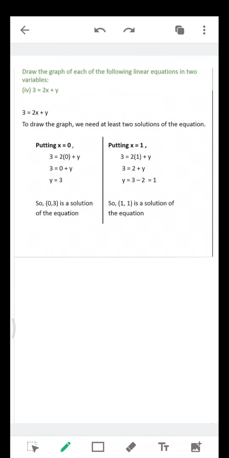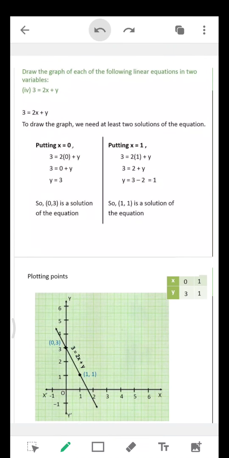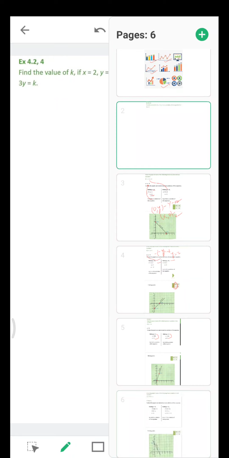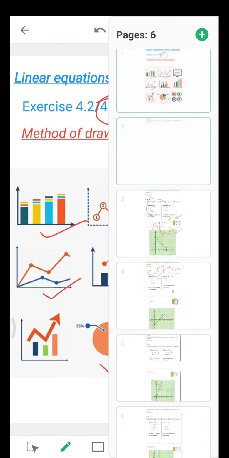So 2 into 1 plus y is equal to 3, and y is equal to 3 minus 2, that is 1. So we get 2 solutions. Then again we plot it on the graph in the same manner. Okay, so these are the graphs of exercise 4.3.